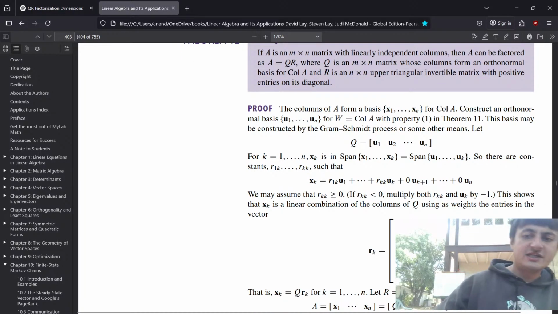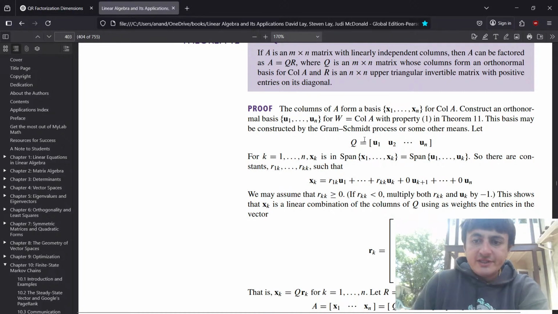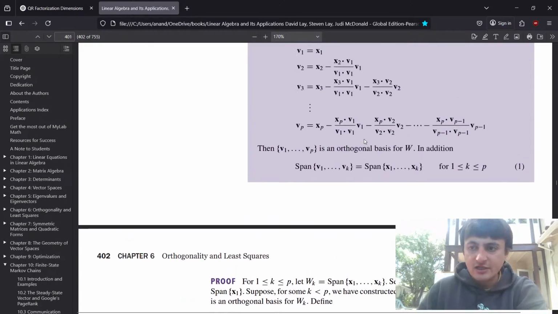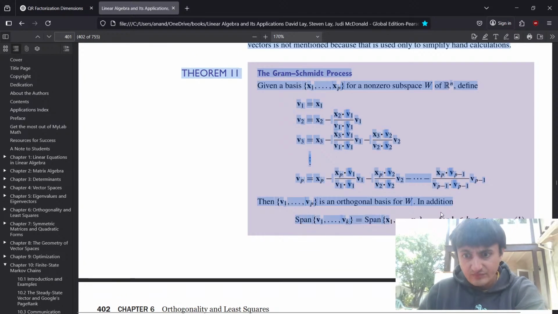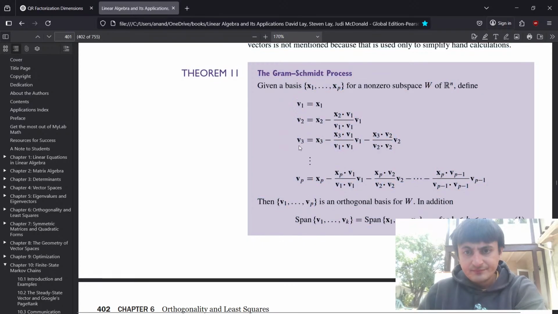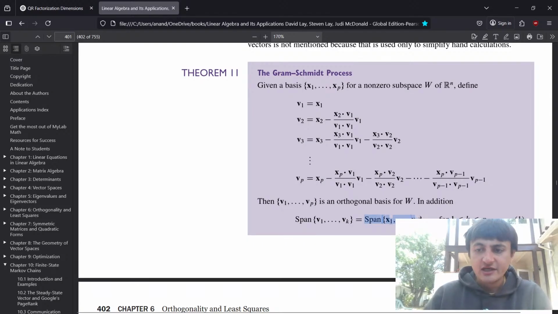You should be able to see that it's upper triangular, because one of the key conditions of the normalization process is that it's iterative. So we continually add to our subspace W, and that means that any of the first K elements of our original basis is the same for our orthonormal process.